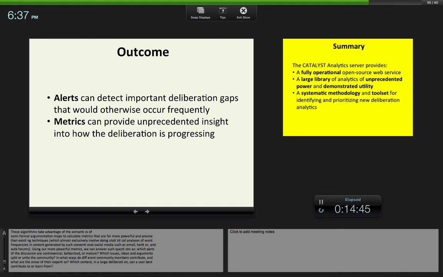So the outcome of this work includes a set of alerts, 30 of them, which can detect important deliberation gaps that would otherwise occur frequently based on our analysis. And also, we have developed metrics that can provide insights of unprecedented power compared to conventional social computing tools into how the deliberation is progressing.